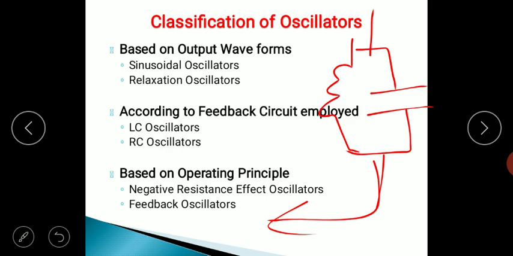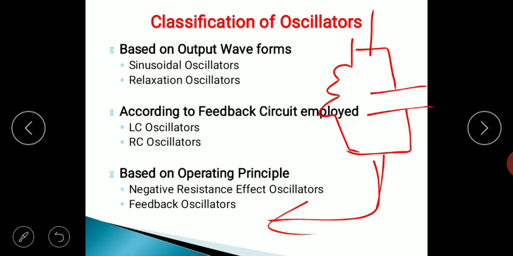Then the third type of classification is based on the operating principle, how the oscillators are classified. Based on the operating principle, the oscillators can be classified into two types. One is called as negative resistance effect oscillators, right?